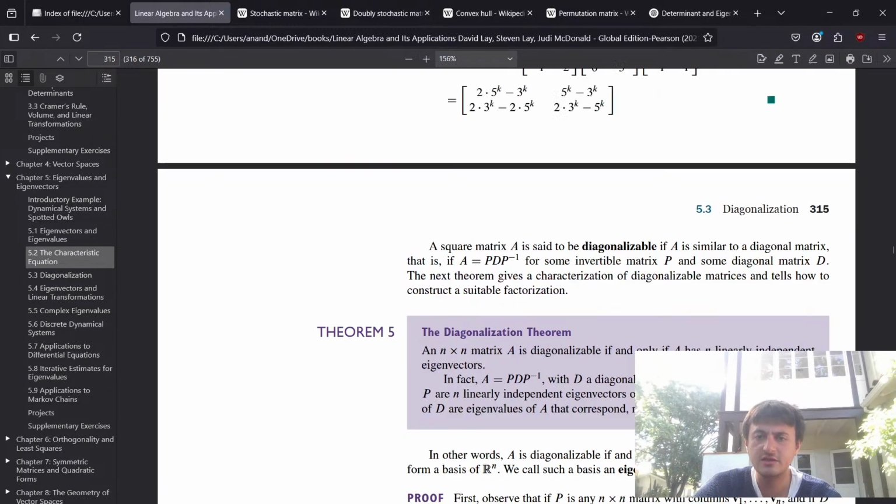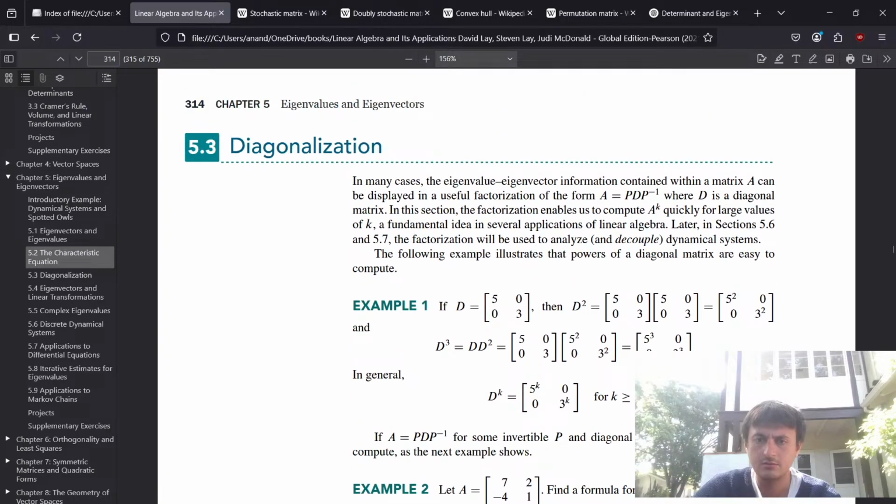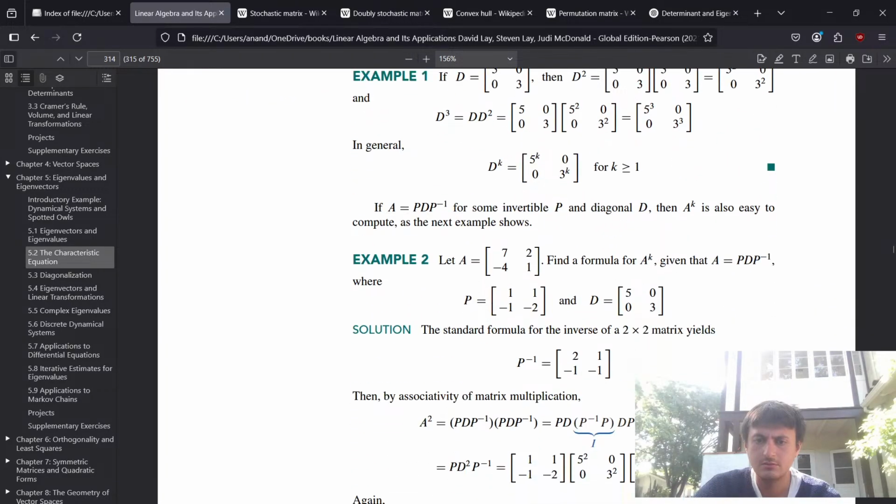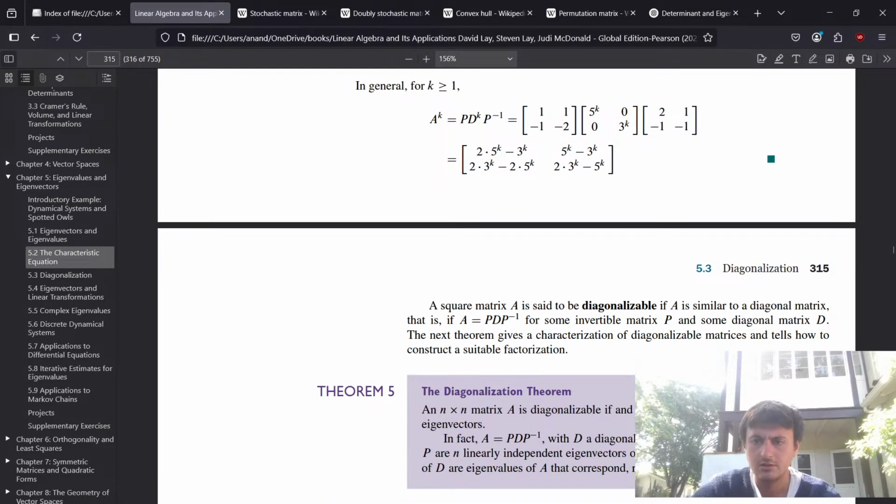Well, what does diagonalizable mean? It means similar to a diagonal matrix.